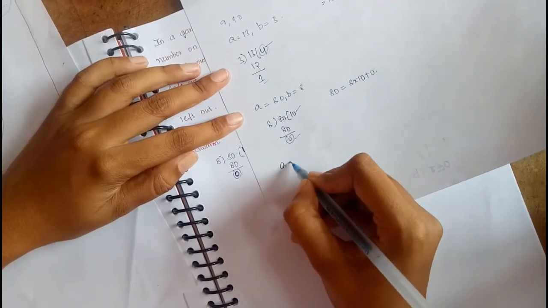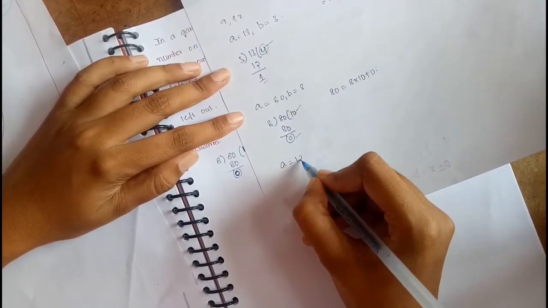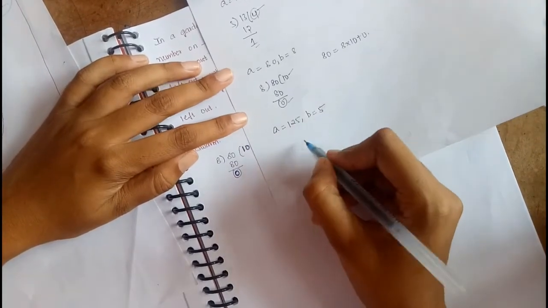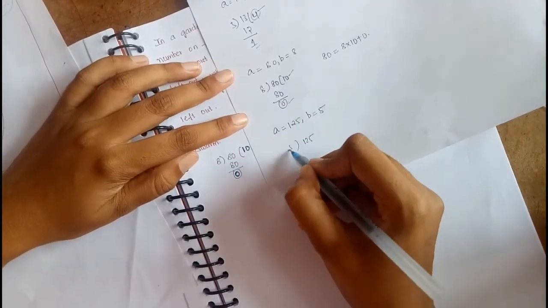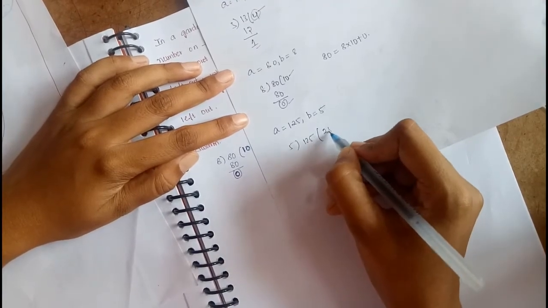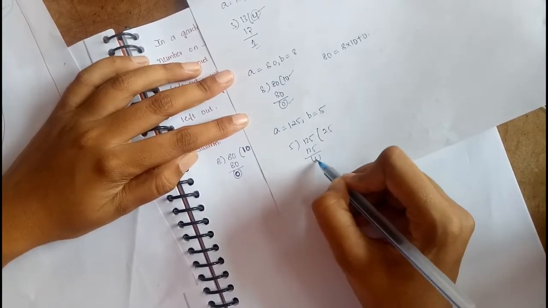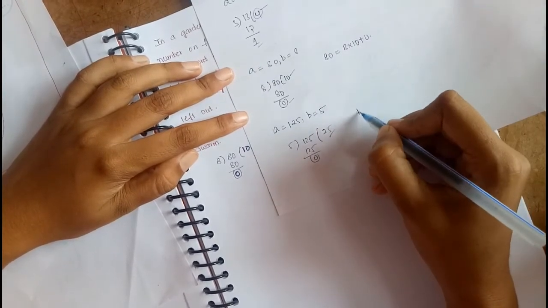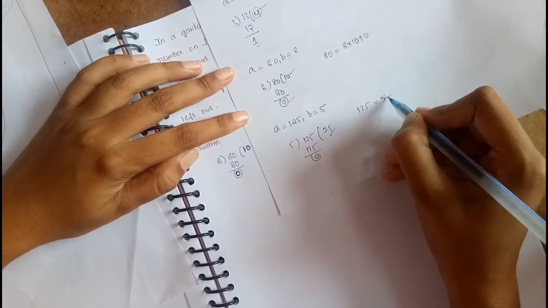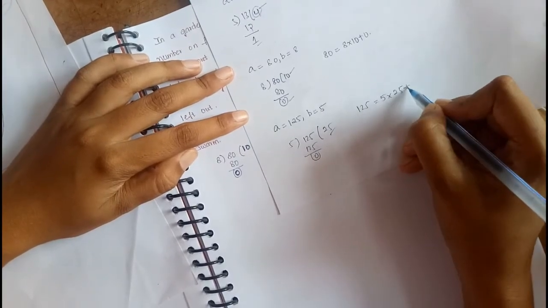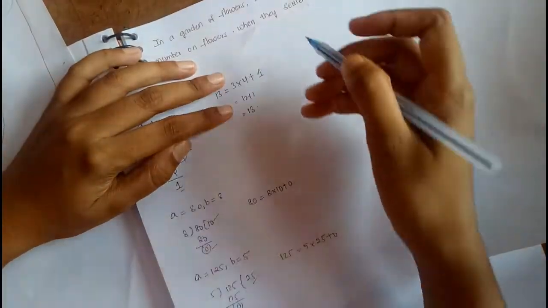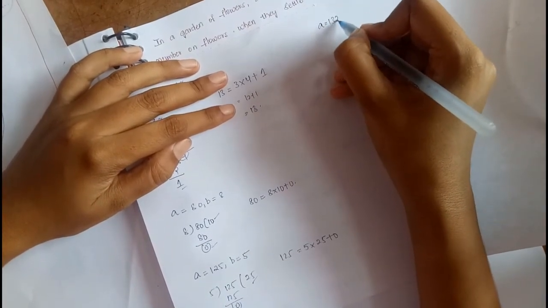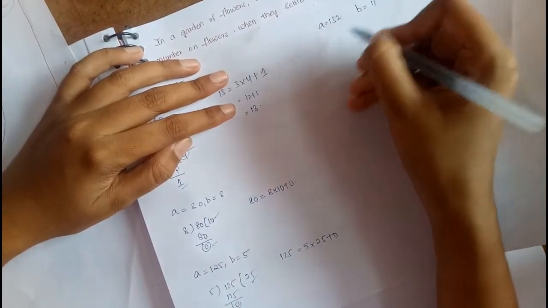Next question. a equals 125, b equals 5. 125 is divided by 5. We'll get 25 as the quotient, that is 125 equals 5 into 25 plus 0. We'll see the next question. a equals 132, b equals 11.